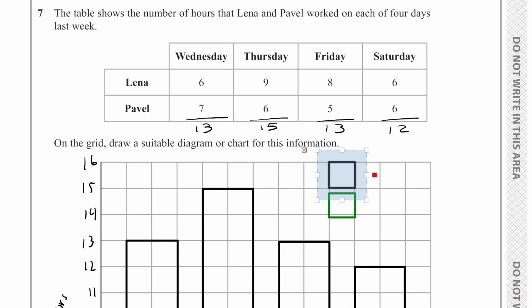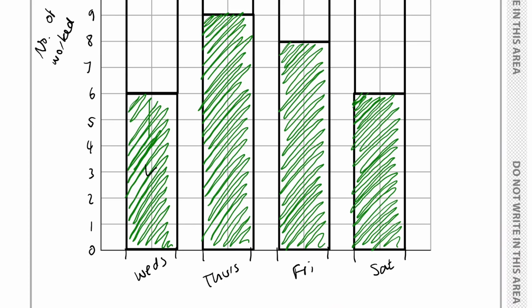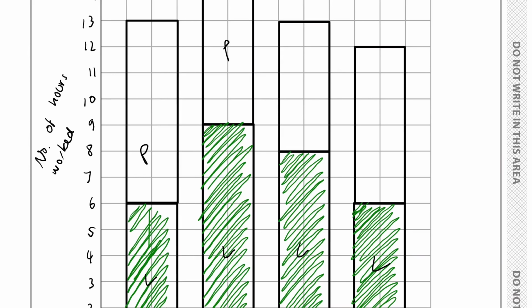Gonna have to change that box. Right, so I'll have Lena's in green and Pavel is in white. We could also label them. We could put Lena, Pavel. Like so.